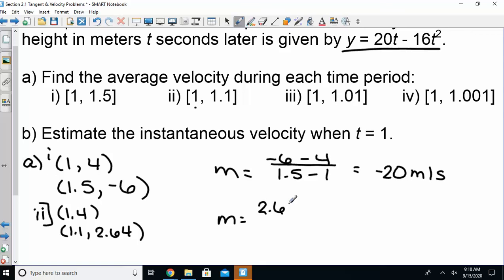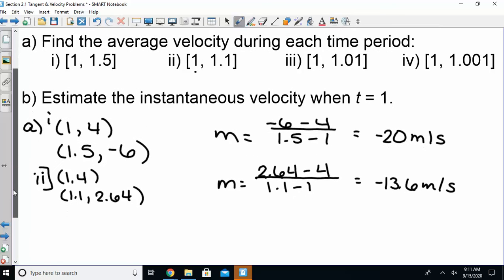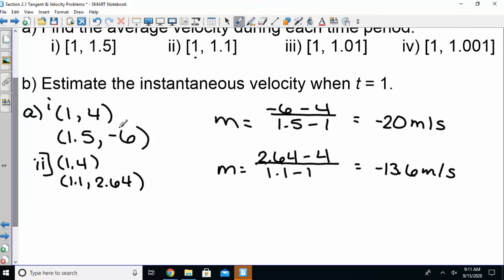And we'll do slope. y2 minus y1 over x2 minus x1. Why don't you guys take a minute, see if you can do the last two, and then see if you can answer part B.